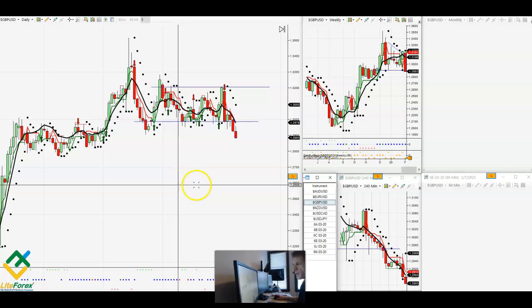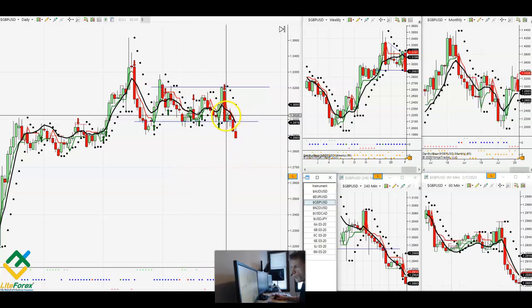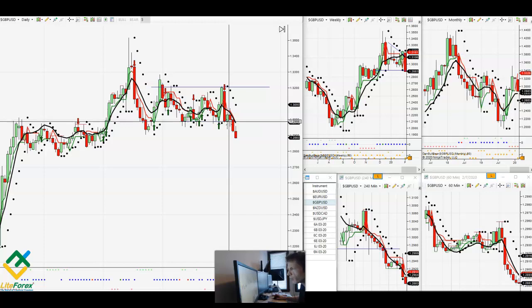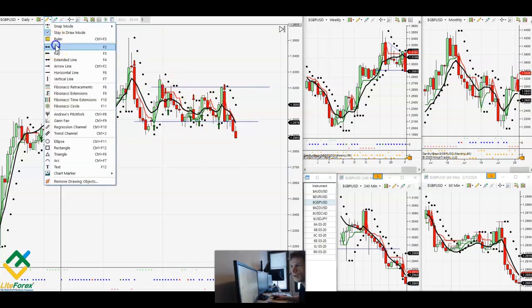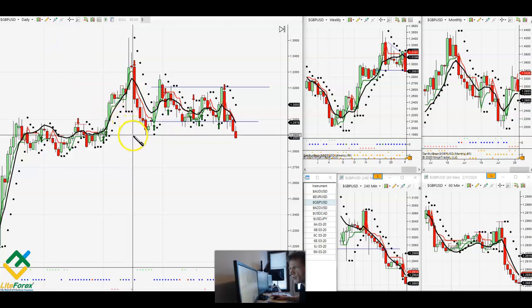Okay, pound USD. So when I looked at this on the 4th, I was saying we're holding some support at 1.2988, around that area. You can see there was support. I've been saying we're very choppy on the pound USD. Well, we finally closed below the range, and we closed below all the lows in this choppy move.